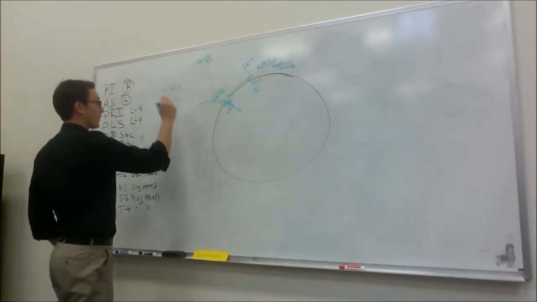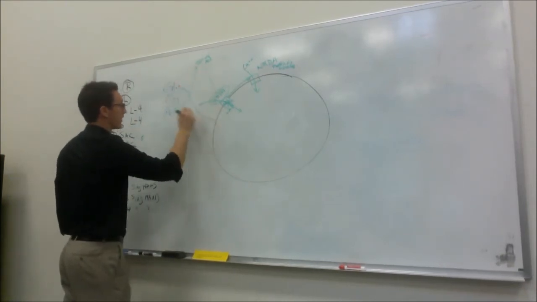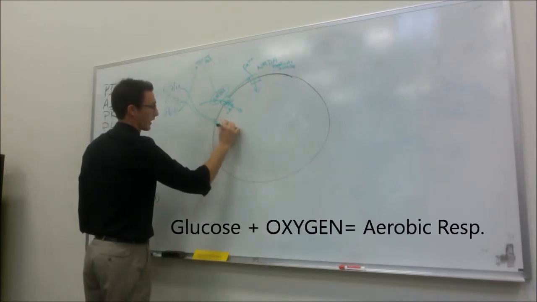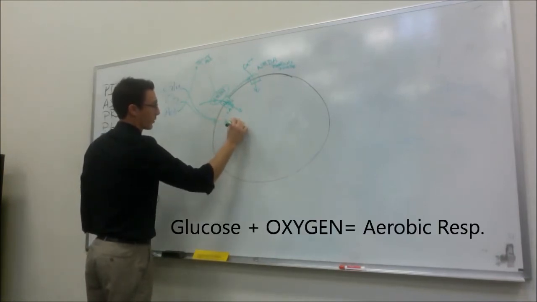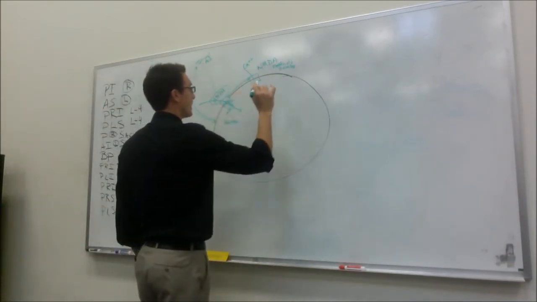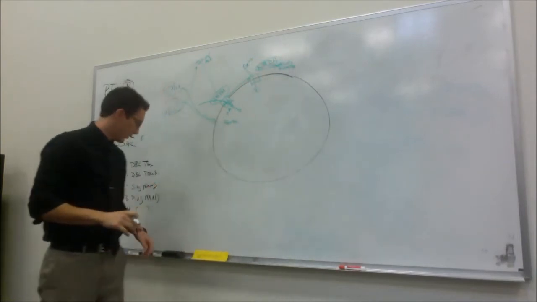So we've got the activation part here. We've got glucose and activation, looking at aerobic respiration. We all know that. So coming into the NMDA receptor, there's a couple of things you're going to need to know about this.